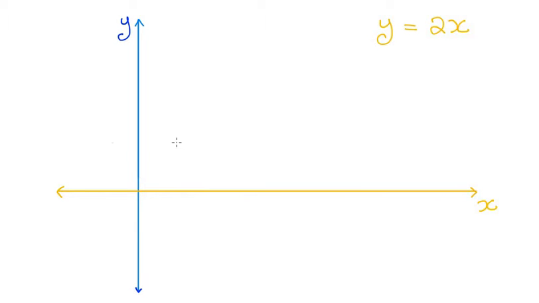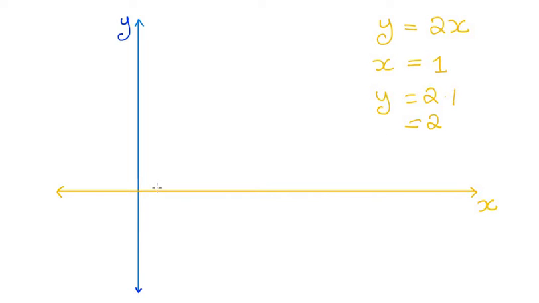So, we have the function y is equal to 2x. Here y is this variable over here and x is a variable over here. So, here we have the x-axis and the y-axis. If we have x is equal to 1, then y is equal to 2 times 1, and that's 2.